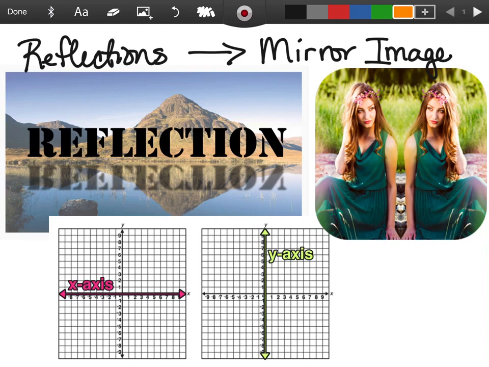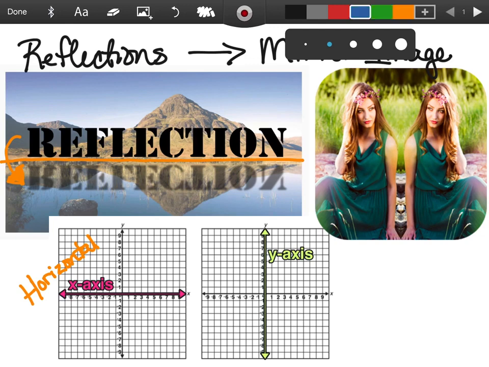You'll notice on this picture on the left, I have a horizontal line of reflection. And I know my horizontal is my x-axis. Okay, so a horizontal line of reflection happens across my x-axis, and you'll notice when this was reflected, it actually turned upside down and it went up and down versus left and right, like you see on this right hand side.